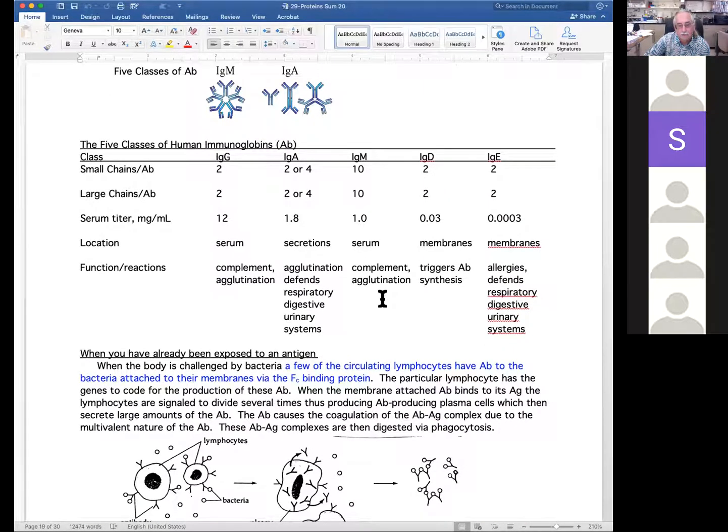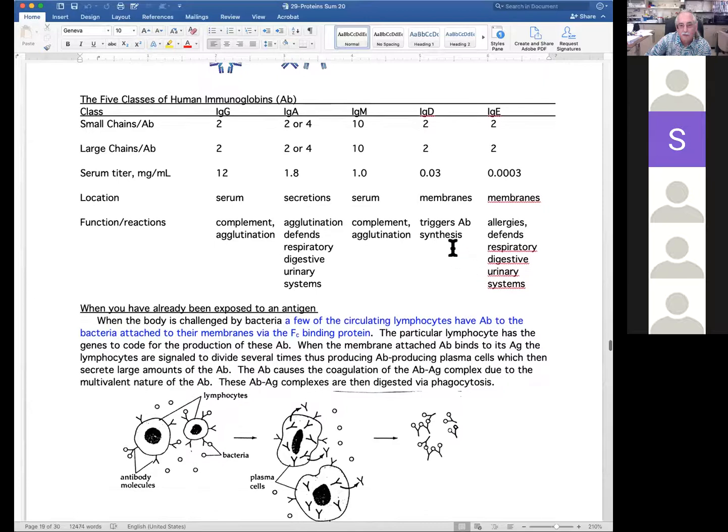And you should know what antibodies do. Well, they're in the blood, they're in secretions, they're associated with membranes, and they're not all the same kind. Many of them cause agglutination, right? Some of them are involved in allergies.